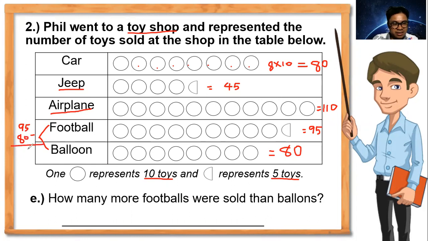What's the answer? Yes, that's correct. There are 15 more footballs. That's the answer of this question based on the pictograph.